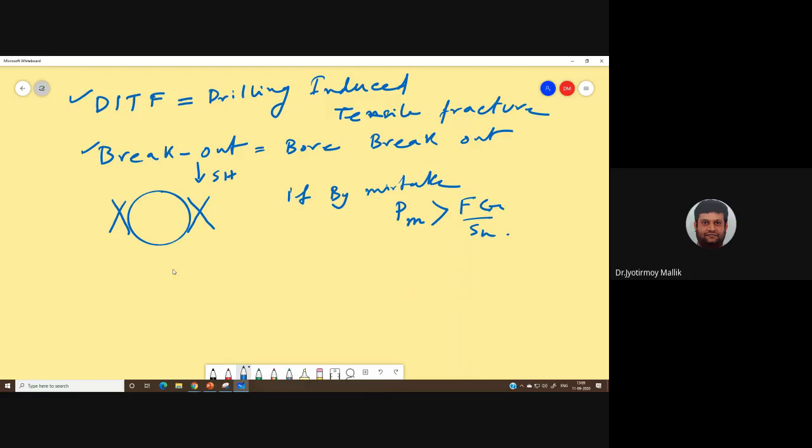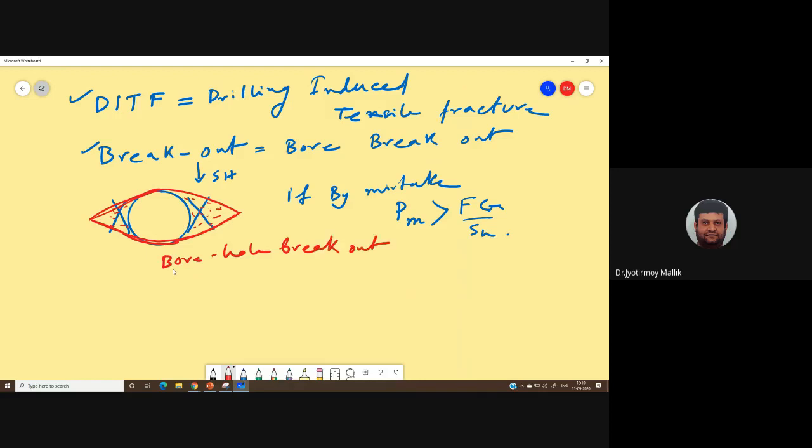Due to this fracturing, the circular borehole takes the shape of an eye. Because of this fracturing, some material gets eroded from here and falls behind. So this eye-shaped borehole that forms due to the shear fracturing is called borehole breakout.